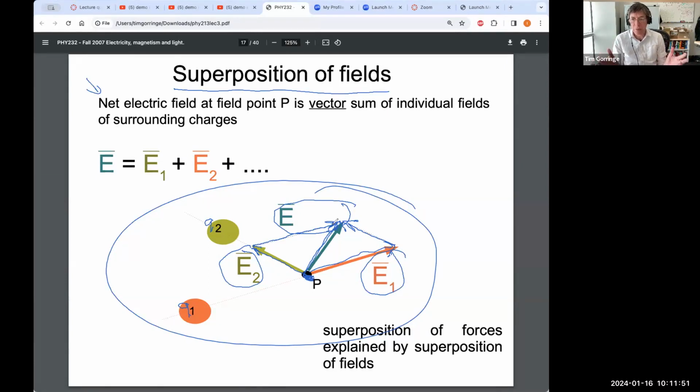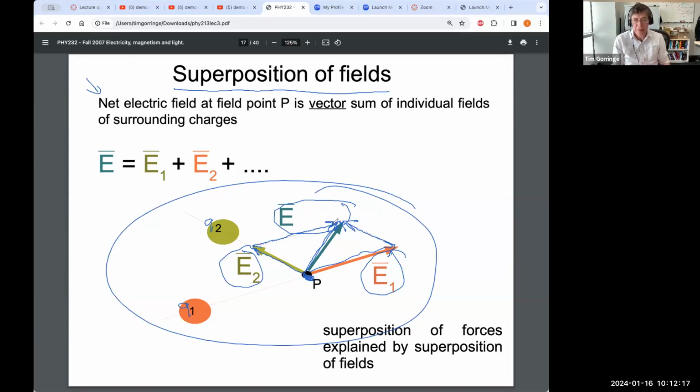Now, in a way, this is an important slide because when we talked about superposition of forces, electrical forces, we had no explanation of why electrical forces obey the superposition principle. It was just a fact, an observation, a measurement that electrical forces obey the superposition principle. Now we've got a mechanism.